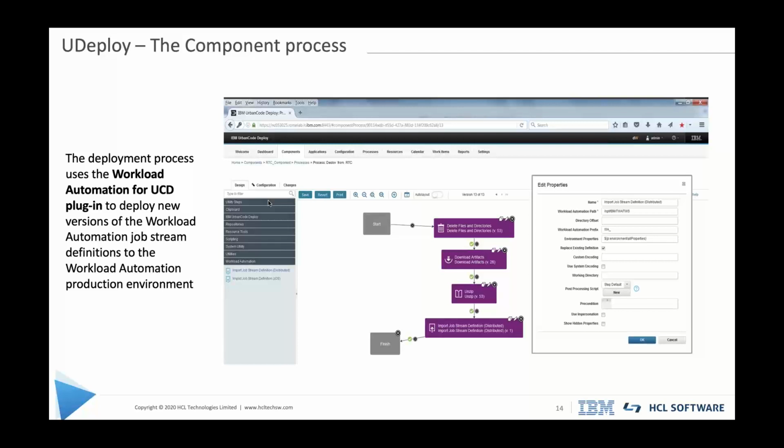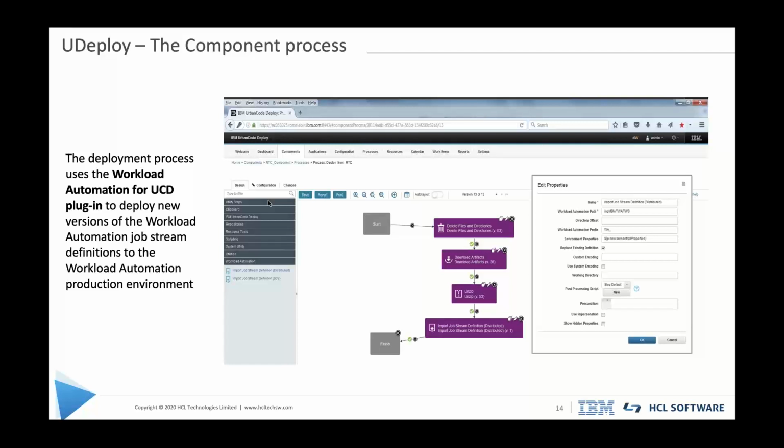And the same with perhaps different names if you are deploying your definitions from a test environment to a production environment. Let me also say that we even have a plugin to automate the Urban Code Deploy task.